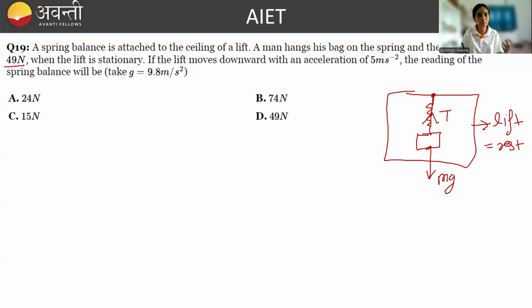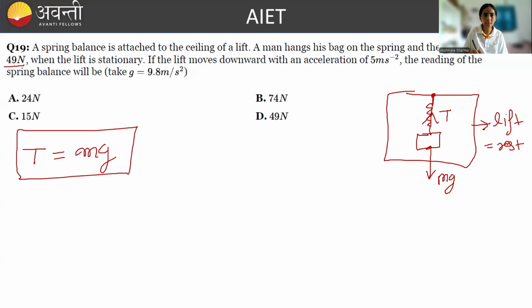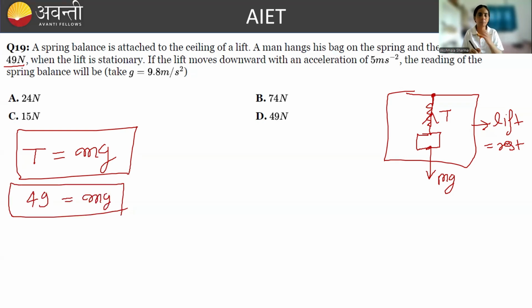At equilibrium, it is obviously at rest, so you can write T equal to mg. In the question, it is given that this T is equal to 49 Newton. So 49 Newton is equal to mg, because the reading of the spring balance is equal to the tension in the spring balance. Now, when the lift is stationary, this is the case.